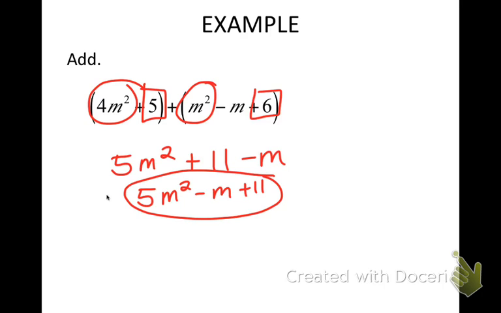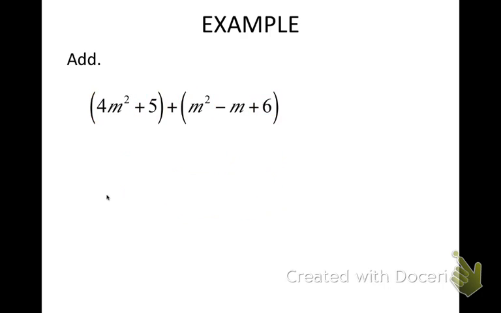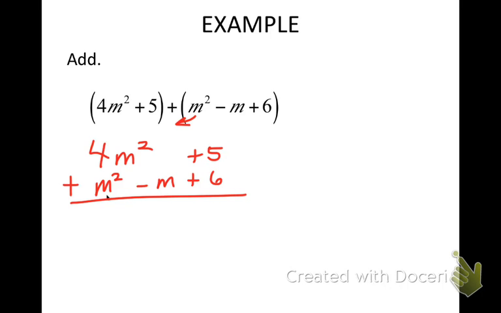Questions? Some people, I'm just going to erase this. You can just watch. Some people like to add vertically. If you're one of those types of people who likes to add vertically, sometimes you'll see some people move this underneath. So they would write it as 4m squared plus 5, and then I would do m squared minus m plus 6, and then do an adding like that.